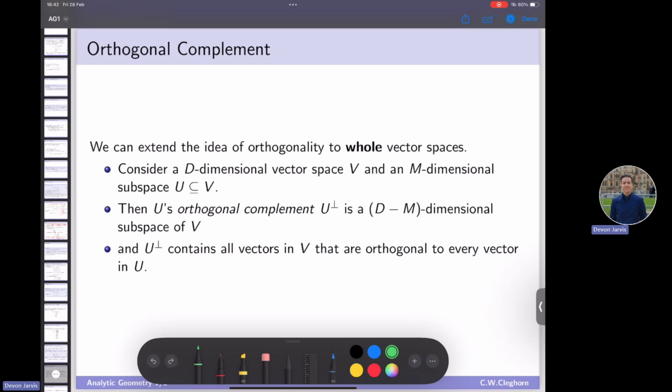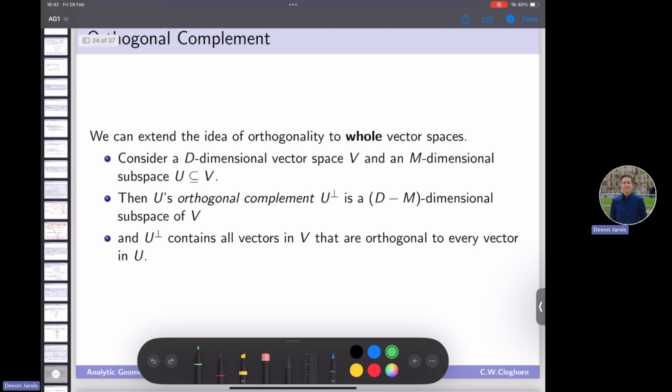And so we can consider a d-dimensional vector space V and an m-dimensional subspace U, then the orthogonal complement is just the remaining dimensions of d. So it's a d minus m-dimensional subspace of V. Essentially you can think of it as I have a 2D vector space like that, and then again, I'm never the best artist, but let's see if I can get it right.